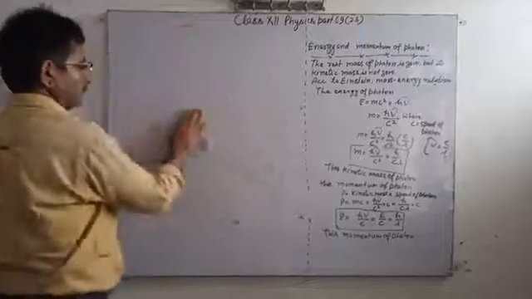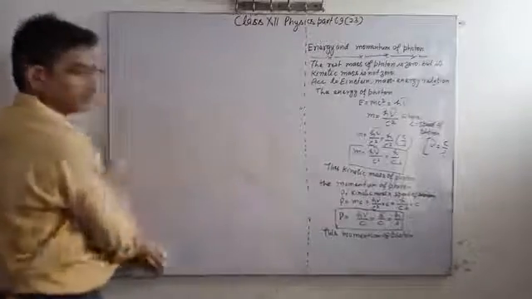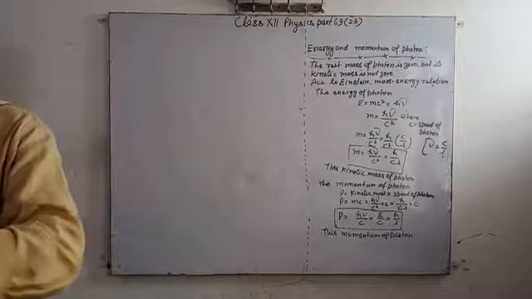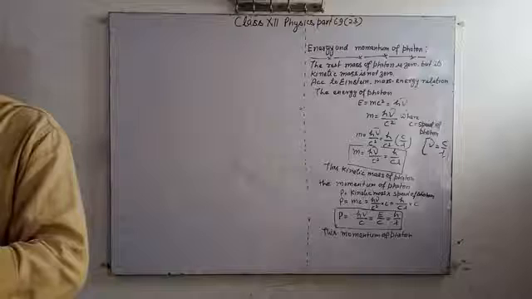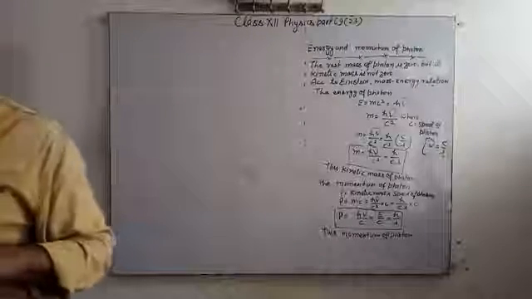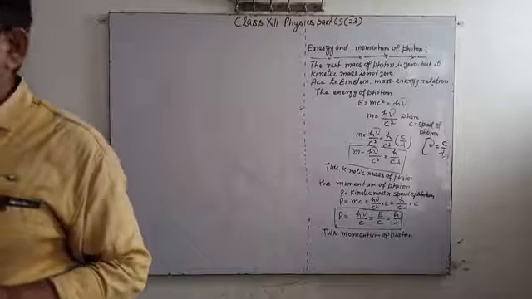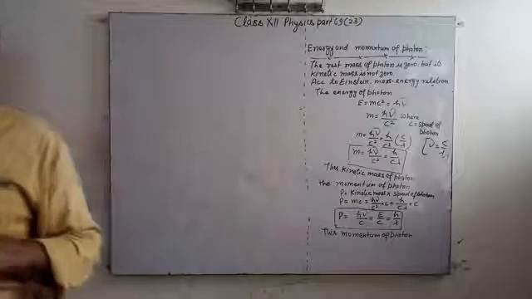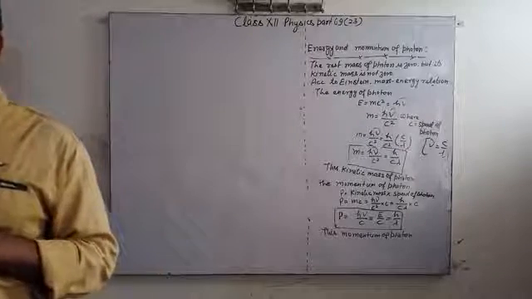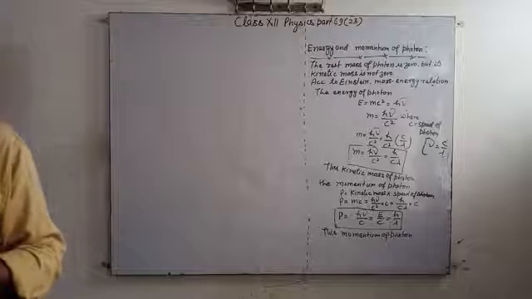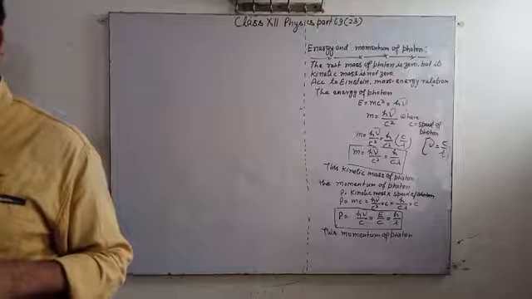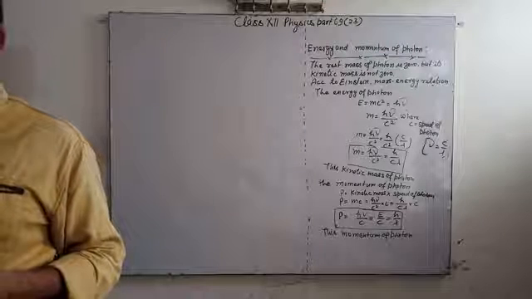For numerical, here given 30, numerical 37, ISC 2000. When ultraviolet light of wavelength 300 nanometer is incident on a metal plate, a negative potential of 0.54 volt is required to stop the emission of photoelectrons.